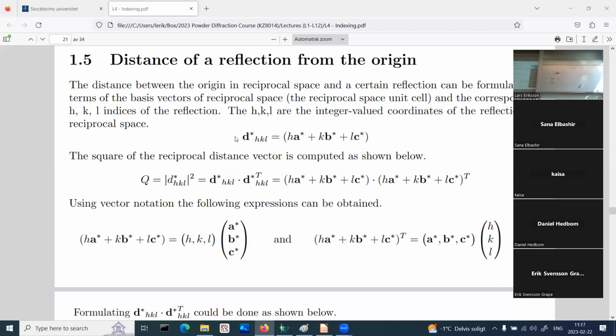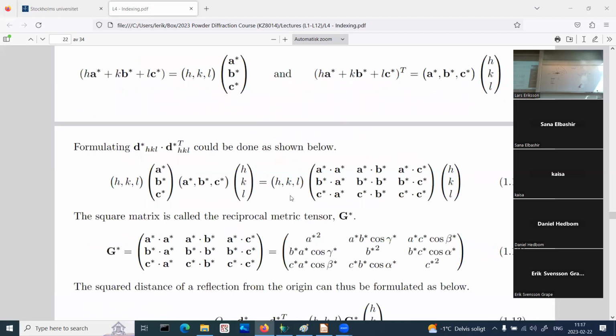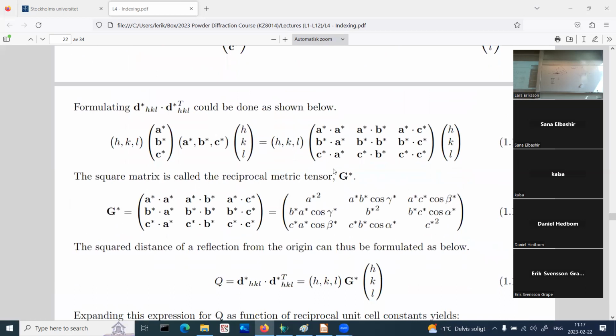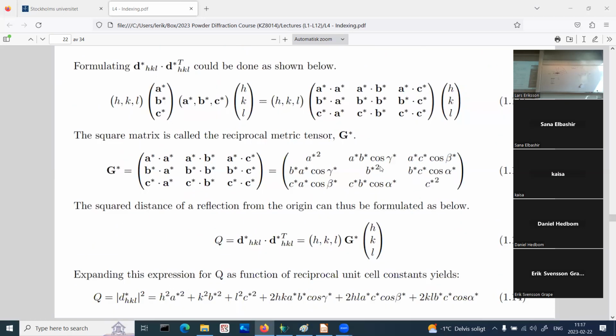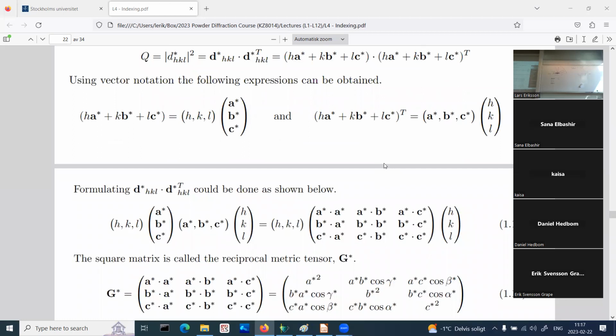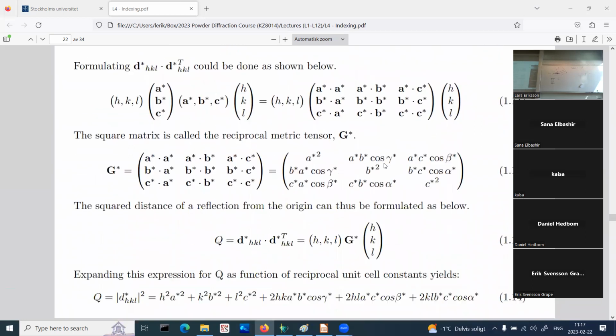Then we change positions, and horrendous formulas, but formulating this Q expression, D star times D star transpose, we can reformulate it like that.